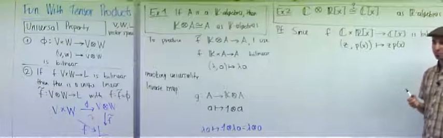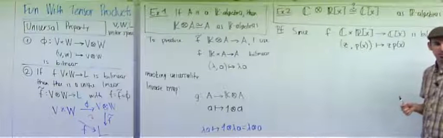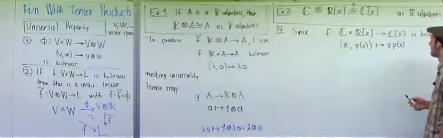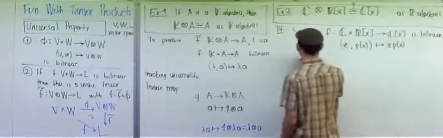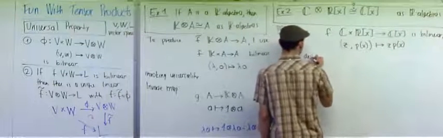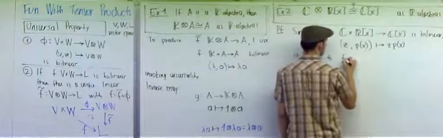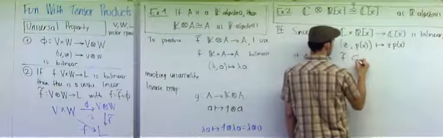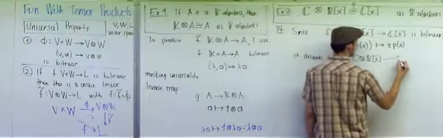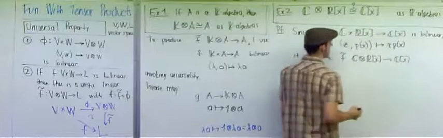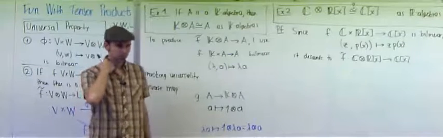Is this bilinear? It's just multiplication. We've said it. This is the third time we say it, right? It's multiplication, so it's bilinear. It descends to the map that we want, at least to some map.